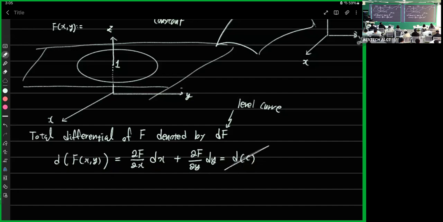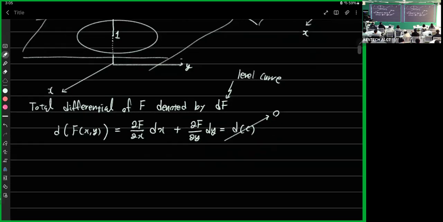No matter what the value is, the derivative of a constant is 0, so the right-hand side turns out to be 0.